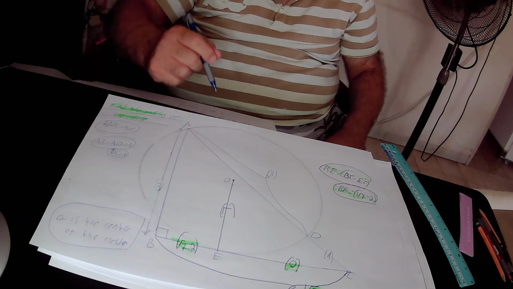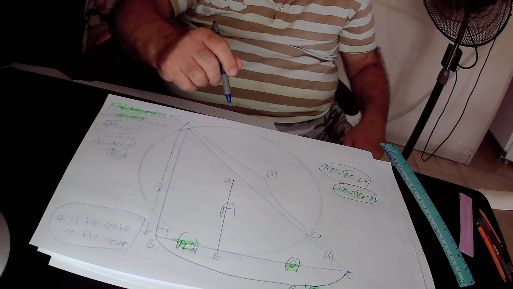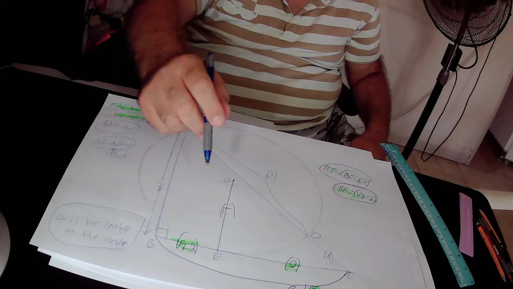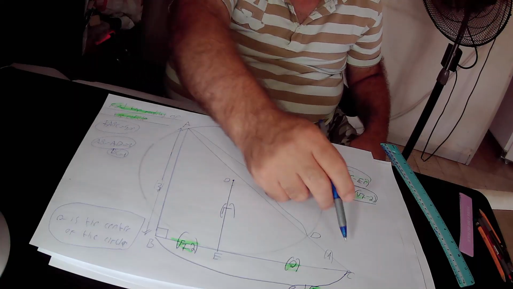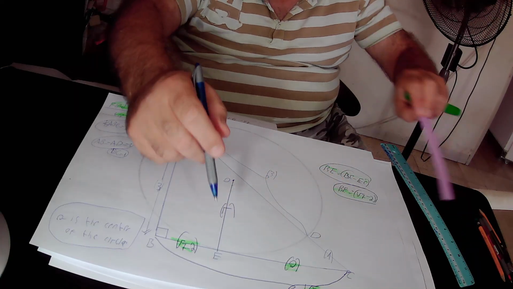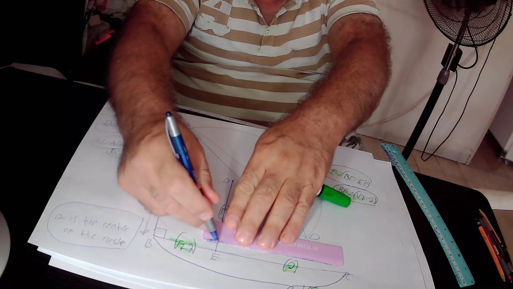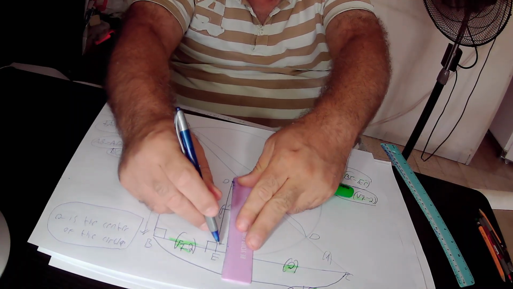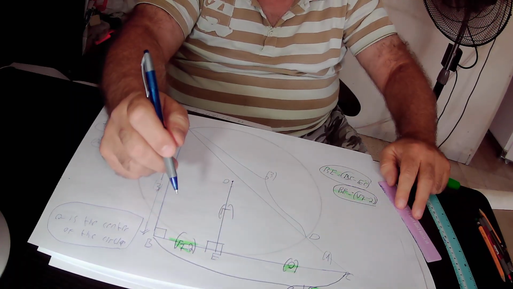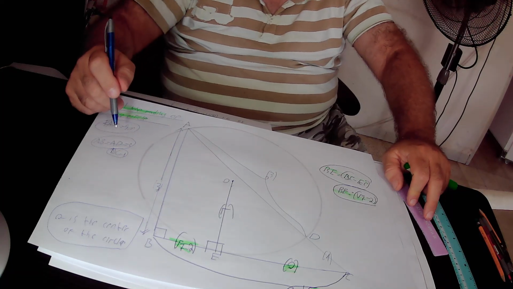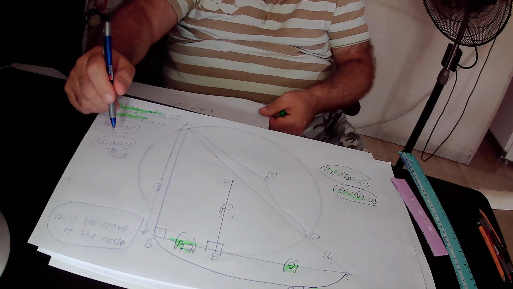Whenever you have a radius drawn to the point of tangency, the tangent BC will be perpendicular to the radius EO. If BC is perpendicular to EO, it means that this angle equals 90 degrees, and this angle also equals 90 degrees according to rule 1. In the next step, we will do another construction.